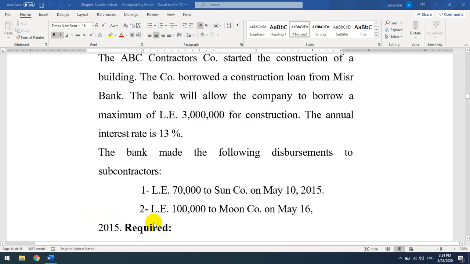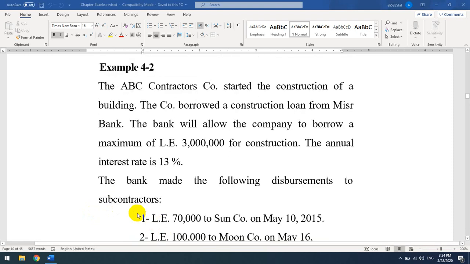Once again, the company, ABC contractor company, makes a contract with Bank Misr to borrow a construction loan up to 3 million Egyptian pound.